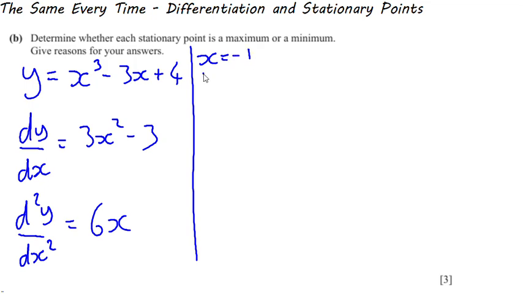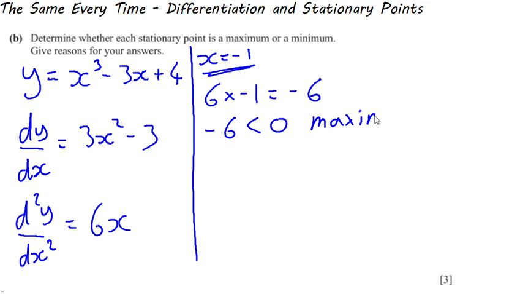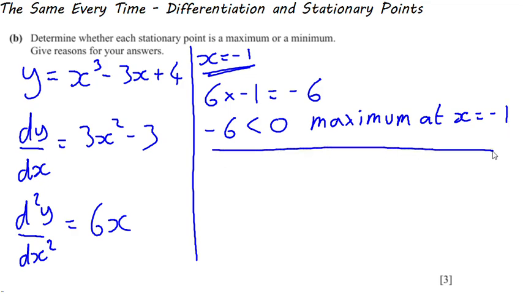So when x was negative 1, 6x, 6 times negative 1 is negative 6. Well, that's less than 0. So that tells us there is a maximum at x equals negative 1. And the other possibility was x equals positive 1.